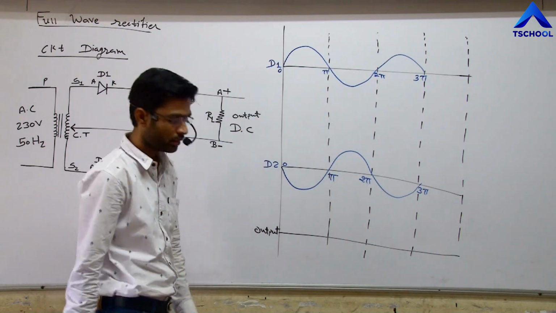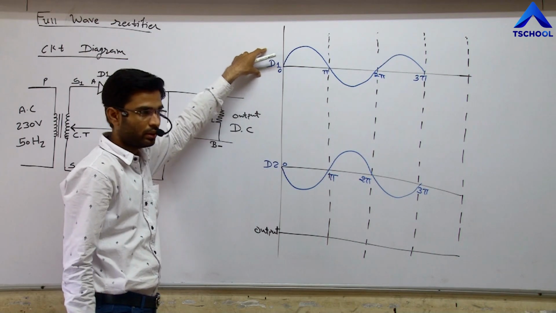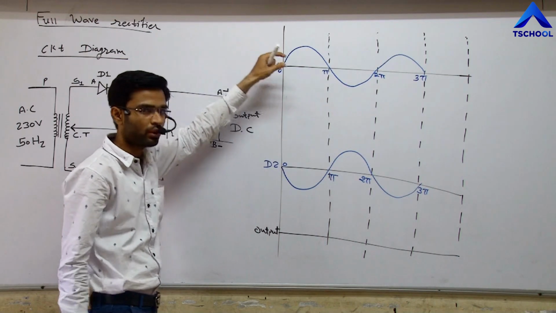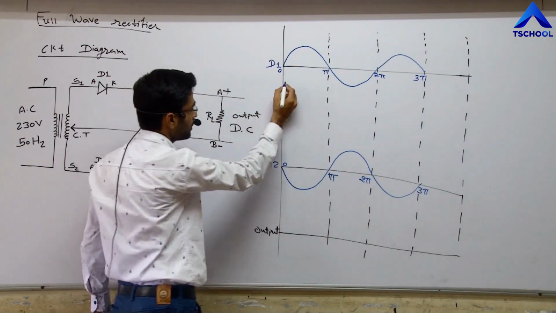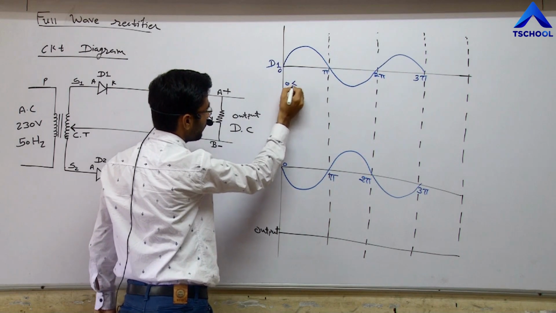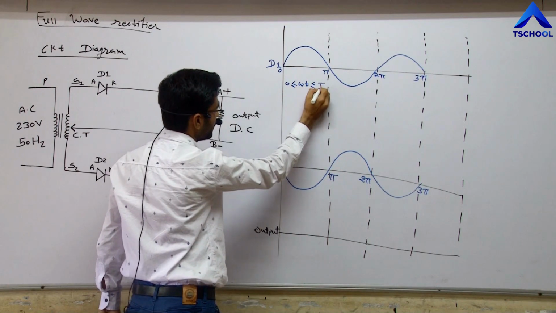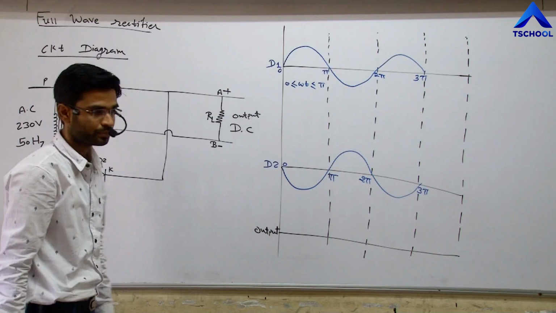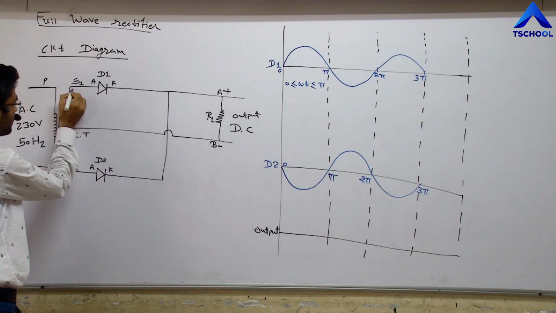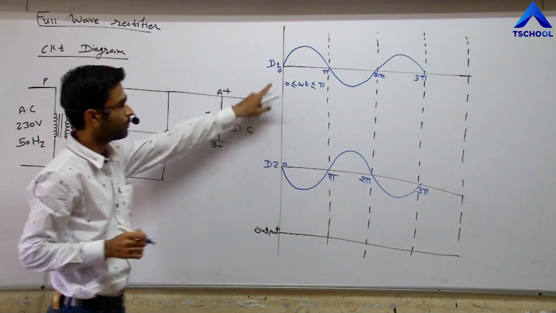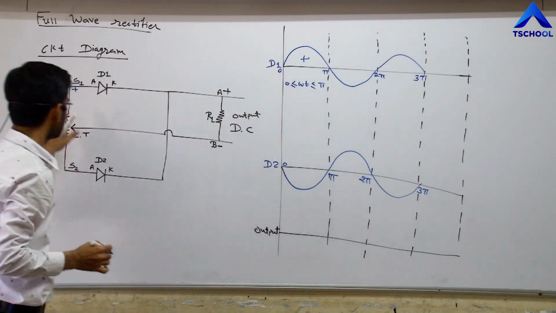Now the input of diode D1: during the first positive half cycle, in the time interval 0 less than or equal to theta, or omega t, less than or equal to pi, S1 becomes positive.